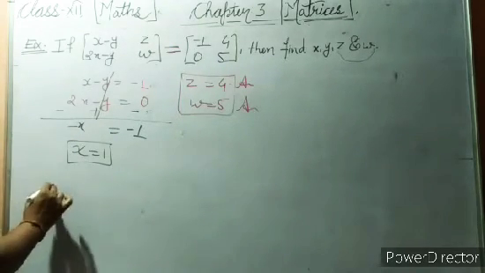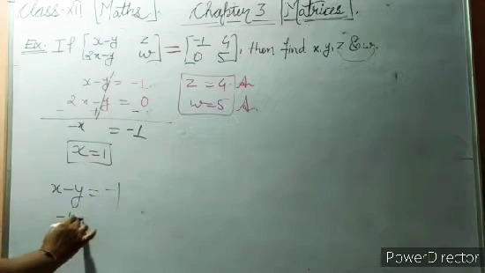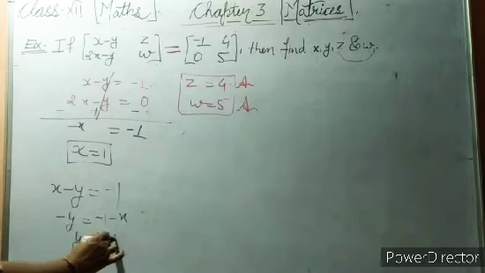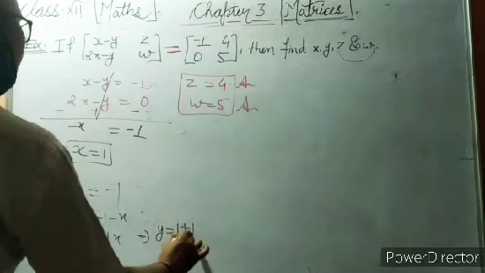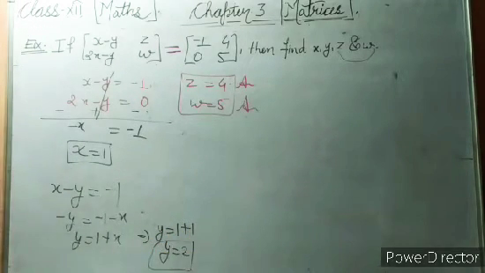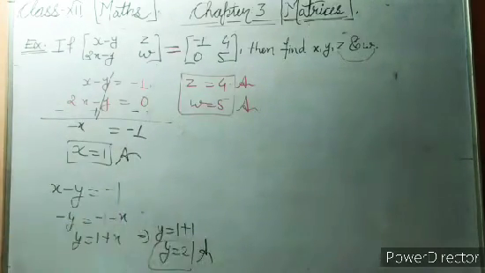Now you put the value of x in x minus y is equal to -1. That means y is equal to 1 plus x. That is why y is equal to 1 plus 1. So y is equal to 2. This is also an answer and this is also an answer. So like that the question will ask.